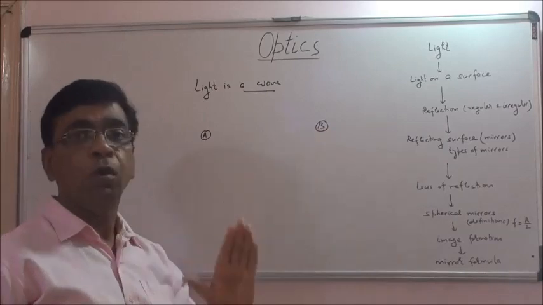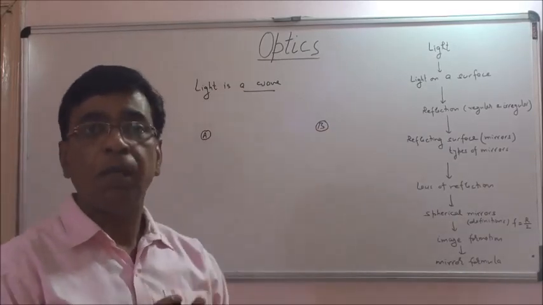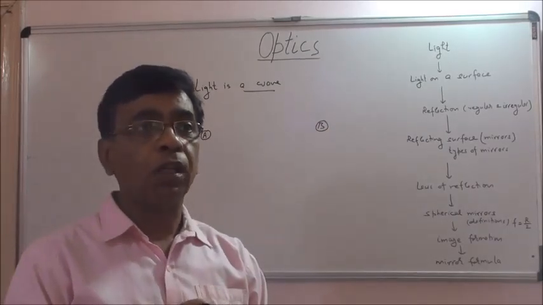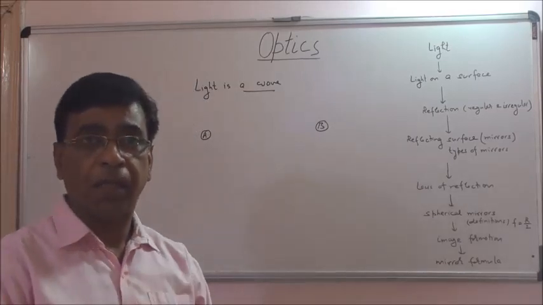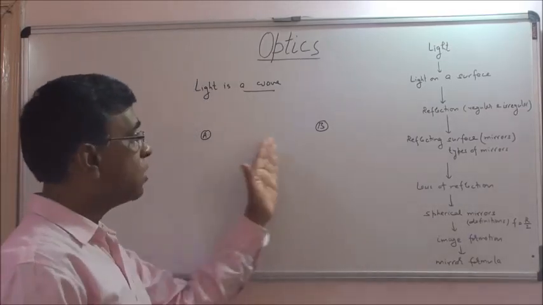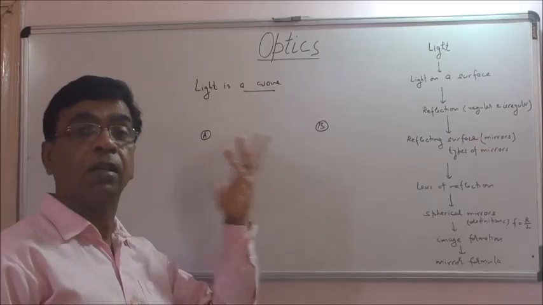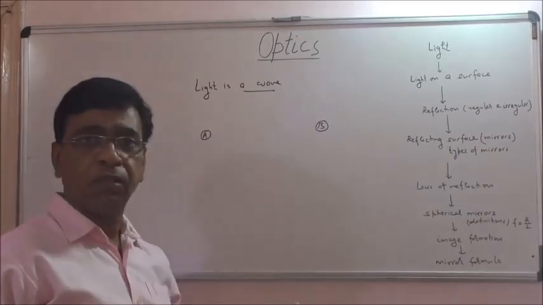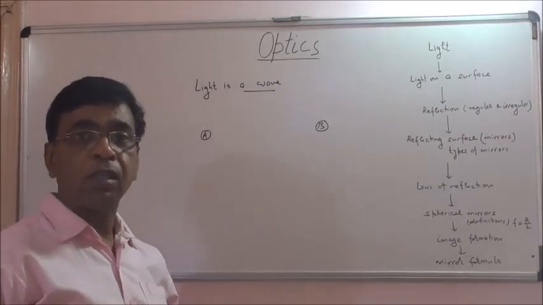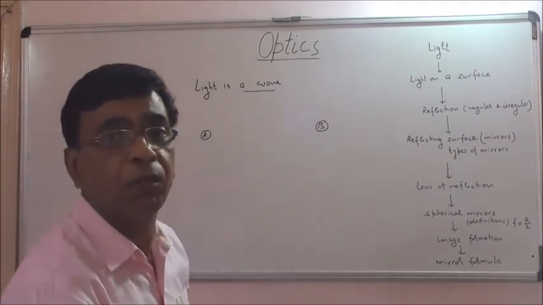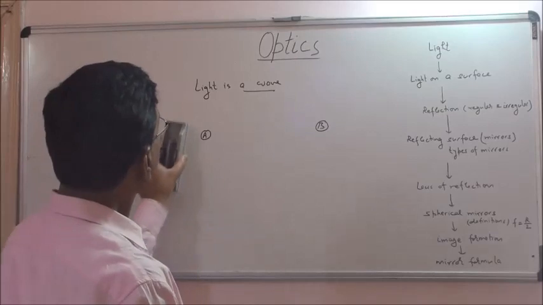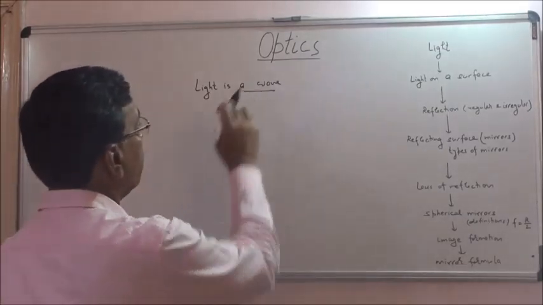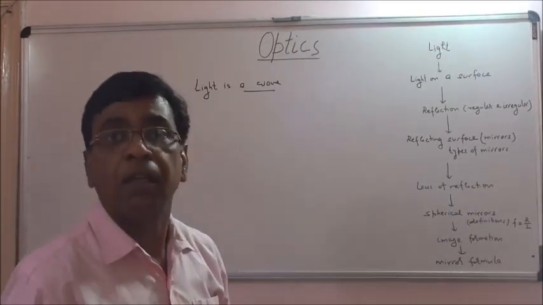In this case too, energy is being transferred, but there is no transfer of material particles here. So it is transferred through the vibrations in the air, that is called wave. So a wave carries energy with it, but there is no transfer of any particle when we are talking about the wave. Coming specifically to light wave, it is an electromagnetic wave.